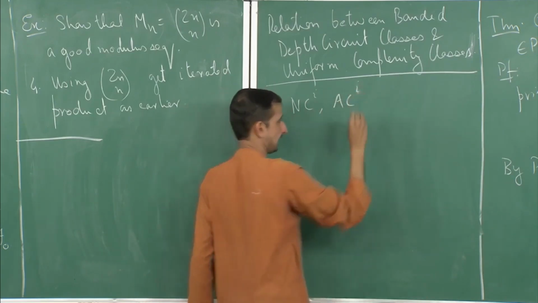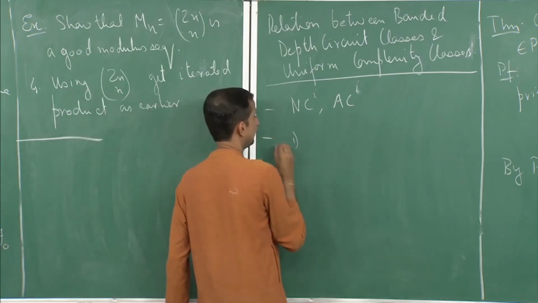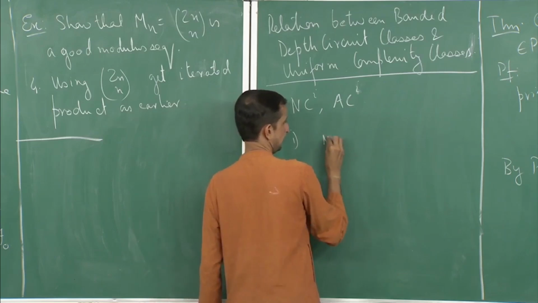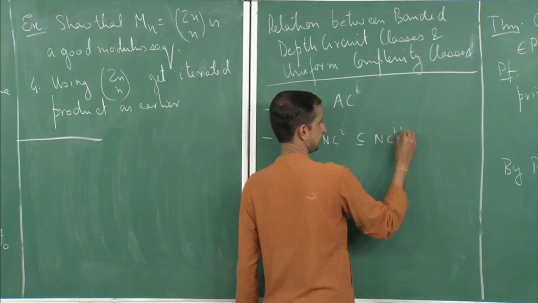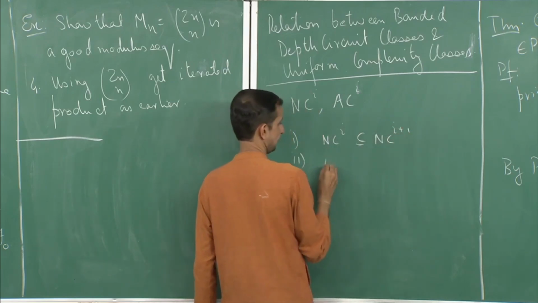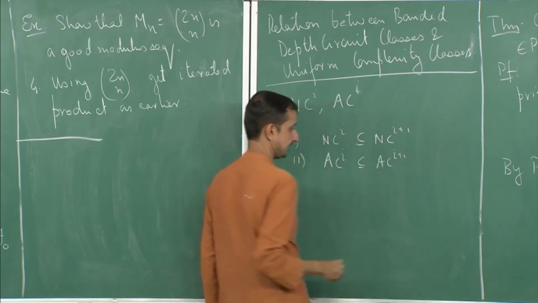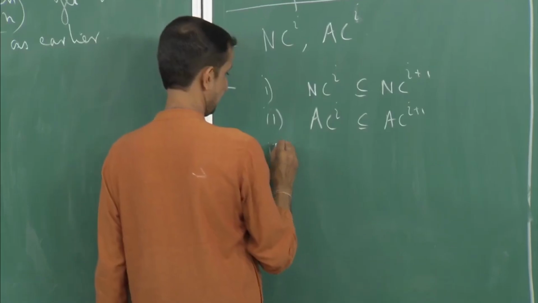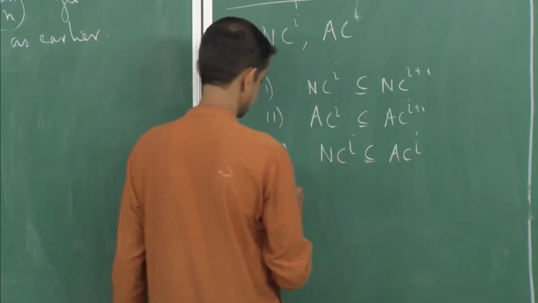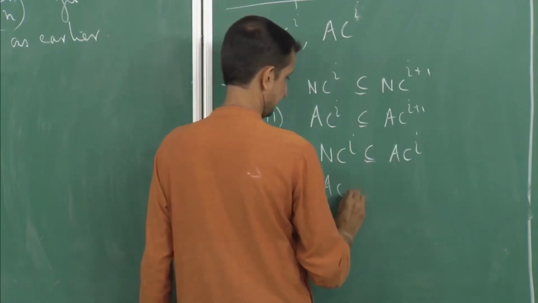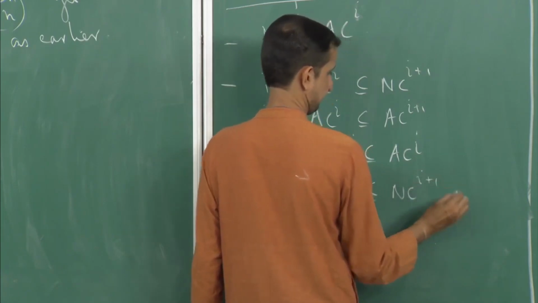ACI and so on, and we have also seen the following results. NCI is of course contained in NC I plus 1, ACI is contained in ACI plus 1, NCI is contained in ACI and ACI is contained in NC I plus 1.